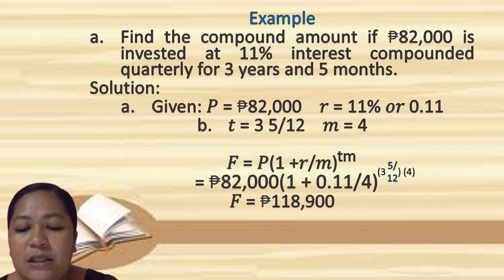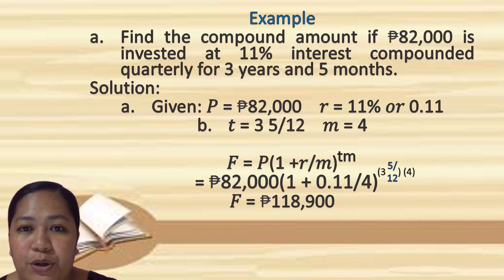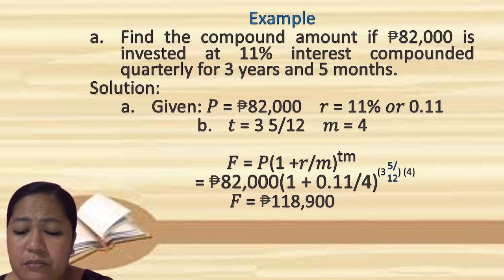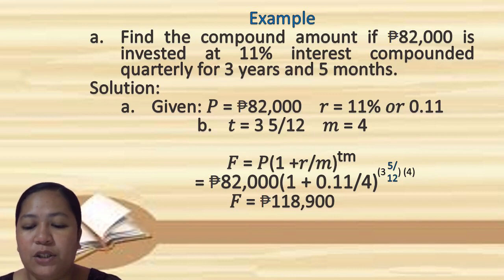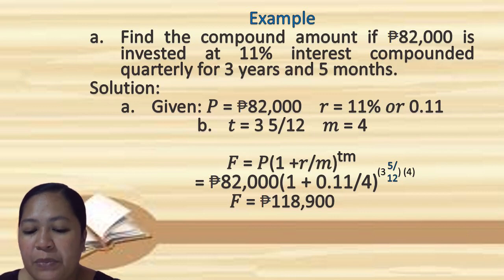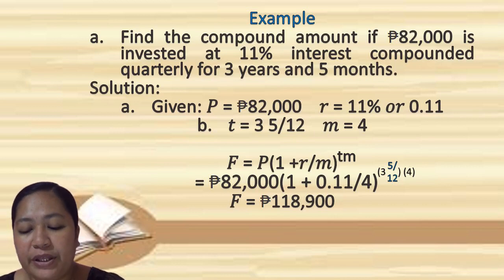And then for the M, as we can see here, it was compounded quarterly. Meaning, since it is quarterly, our M when quarterly will be 4. So M is 4. Now, let us check out what our answer will be. Again, the formula is F equals P, open parenthesis 1 plus R over M, close parenthesis, raised to the power of Tm. So substitute the numbers here. 82,000 is the P, since 1 is constant, plus 0.11 over 4.